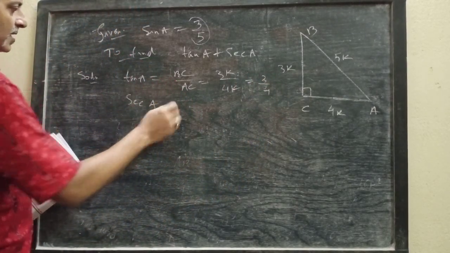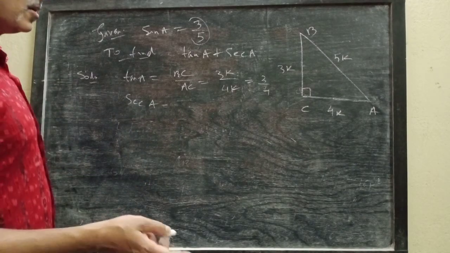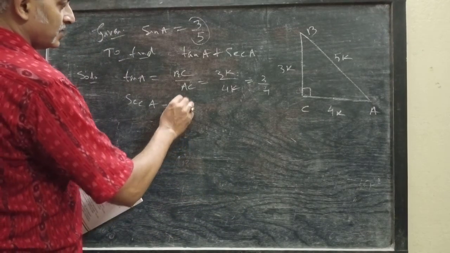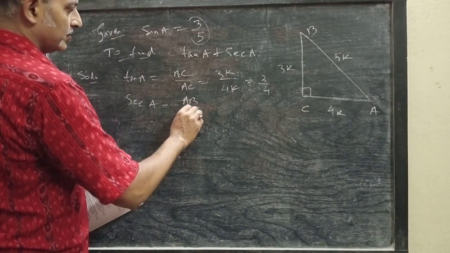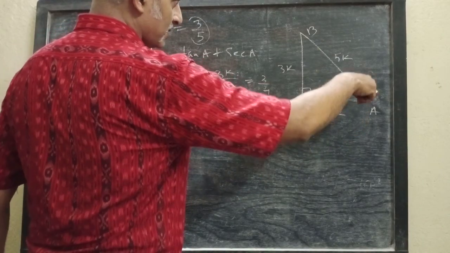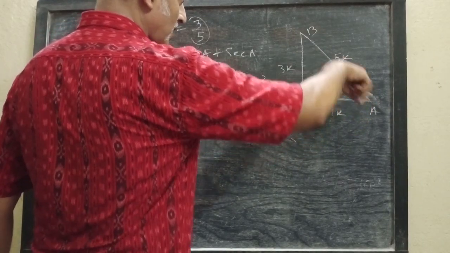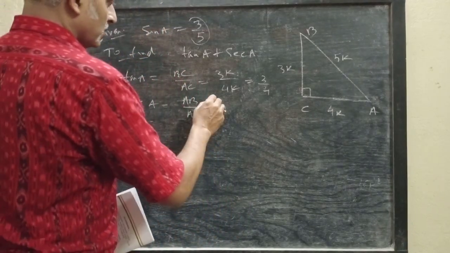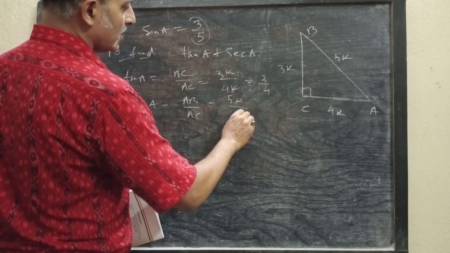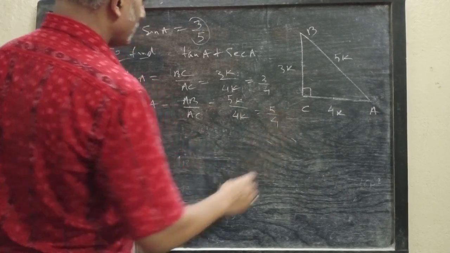Sec A is reciprocal of cos. Cosine of this angle is AC by AB, so sec will be AB by AC. So your AB is 5K, AC is 4K, so this becomes 5 by 4.